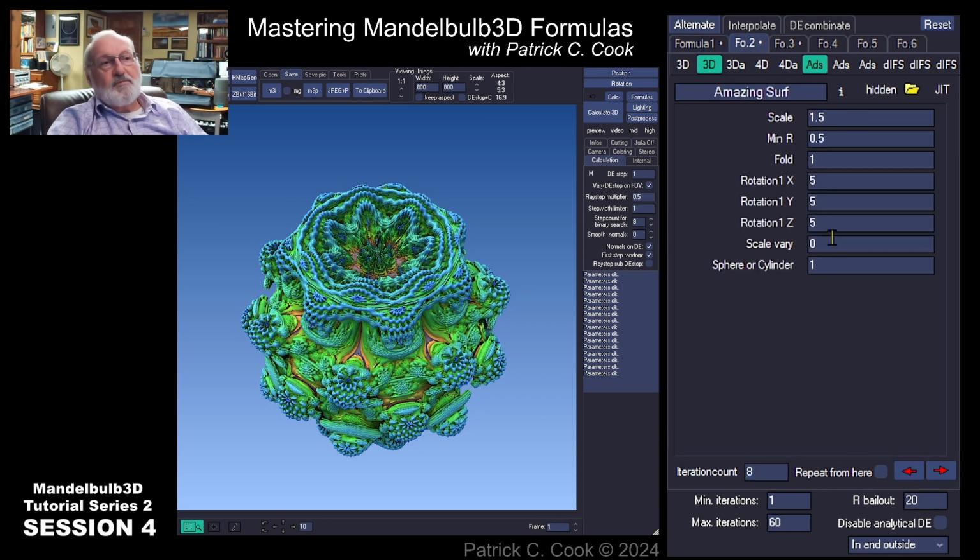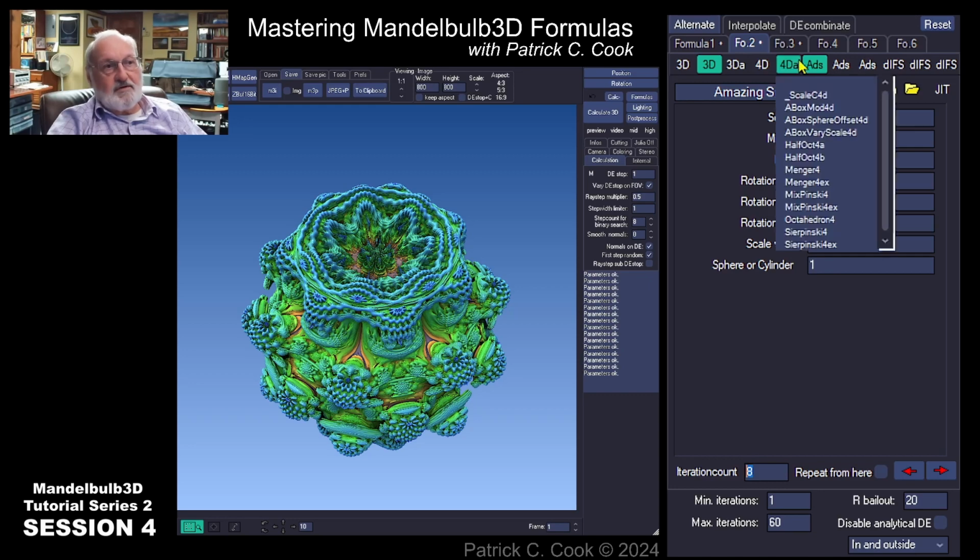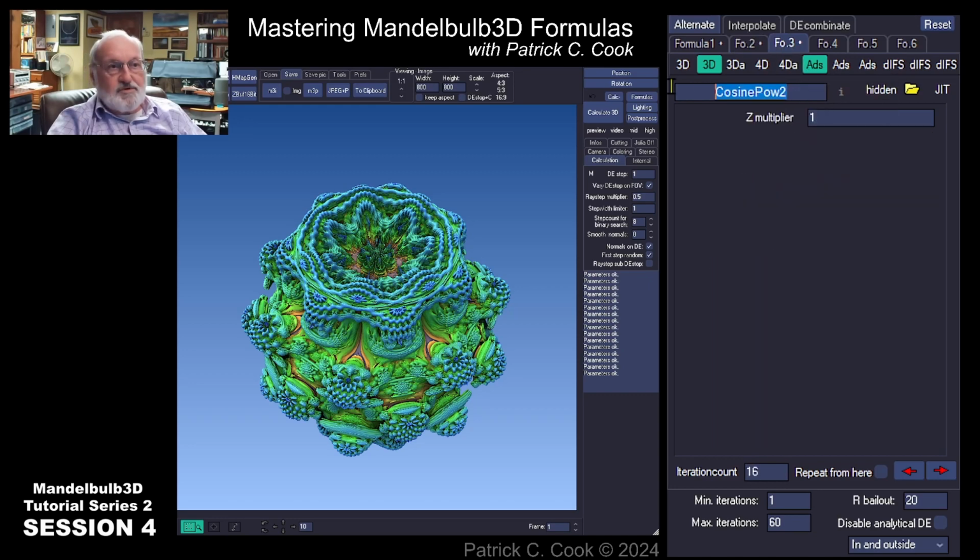For formula number 2, we have an iteration count of 8. That means the Mandelbulb3D software will execute this amazing surf formula up to 8 times, not necessarily 8 times, but up to. And formula number 3 here, we have cosine pow 2, up to 16 iteration count.